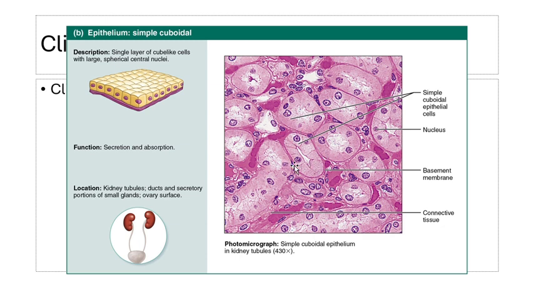At this tubule, we can see one layer of cells covering our tubule. This one layer is bigger than the flattened cell, and the nucleus is round. So it is called simple cuboidal.